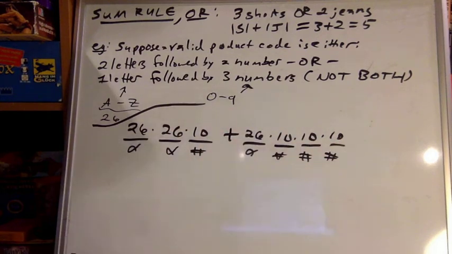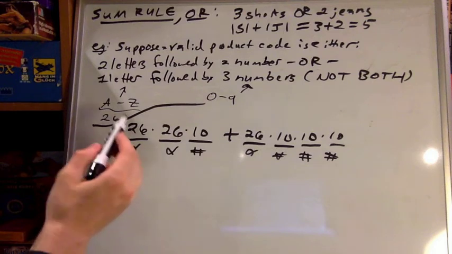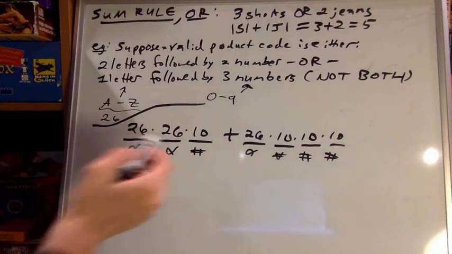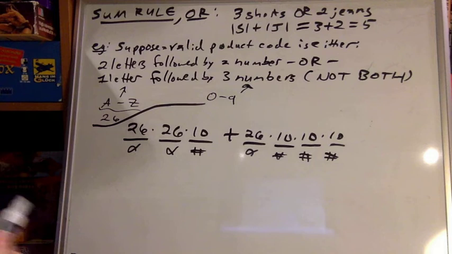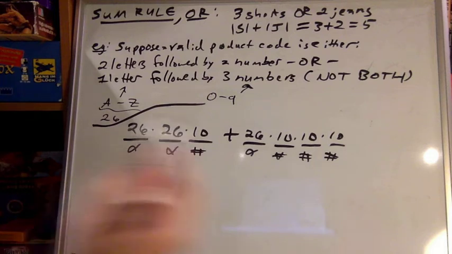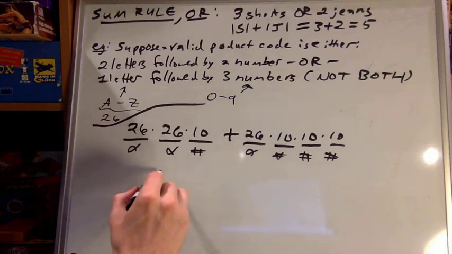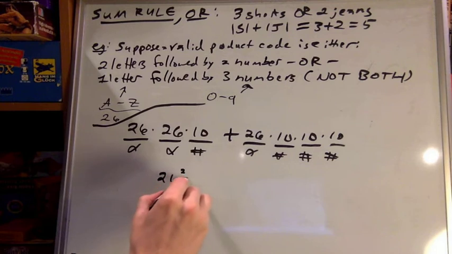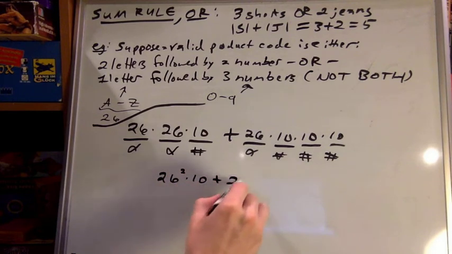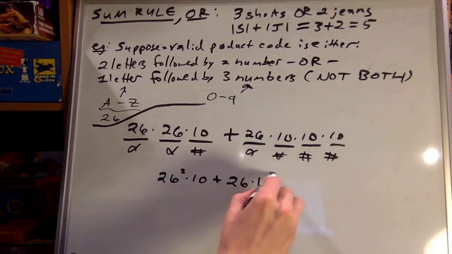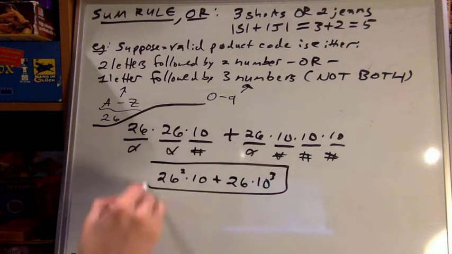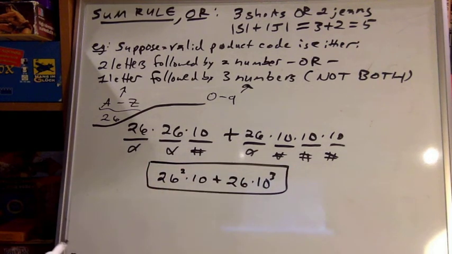Notice I said nothing about whether letters could repeat or not. So we're not worried about, if I chose A here, can I also choose A there? Yes, I can. I haven't explicitly forbidden that. So my final answer, as I would like it, is going to be 26 squared times 10 plus 26 times 10 to the third. You can multiply all this out, and that's great, but I really want to see where your numbers come from.